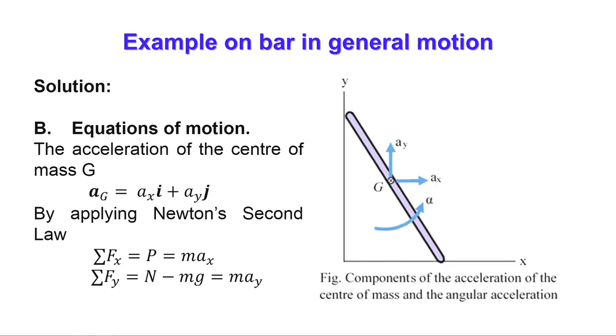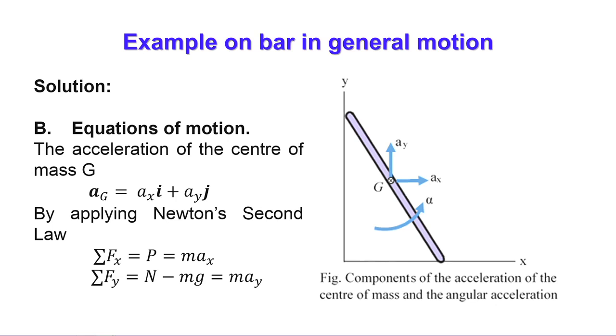Now, we have written the equations. The center of gravity's acceleration is a x i plus a y j, and the force components F x and F y give P equals m a x. P is the horizontal force from the wall, and N is the normal force.